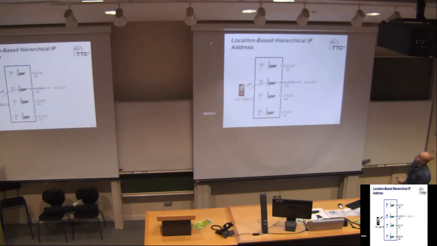This 10.1 identifies the base station ID to which the UE is attached, and the 0.7 is a suffix that identifies the UE within this base station. Okay? This UE ID is unique, of course, within the base station ID.